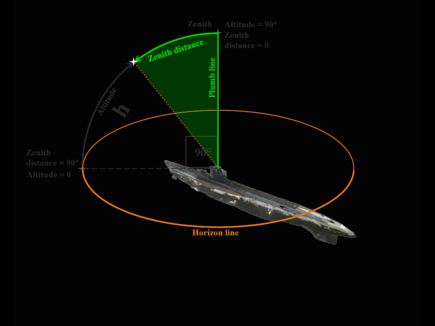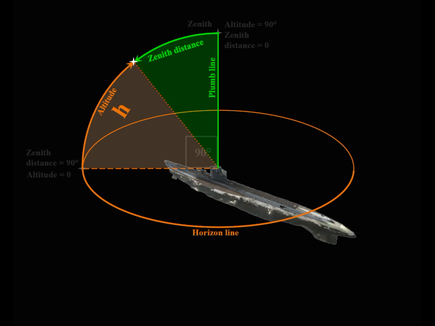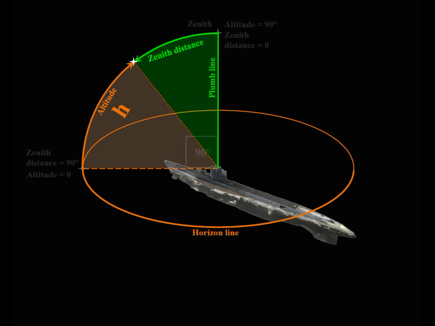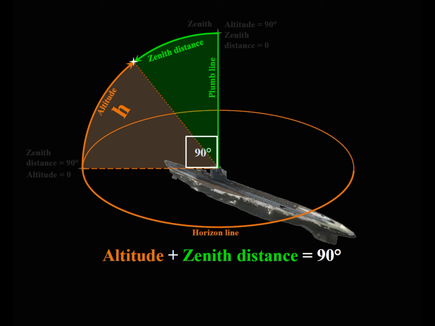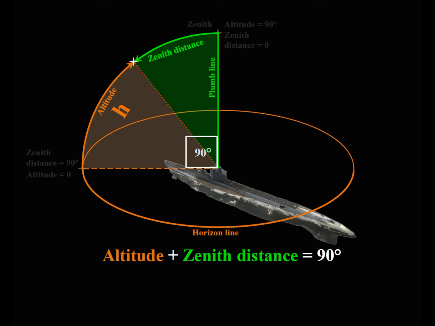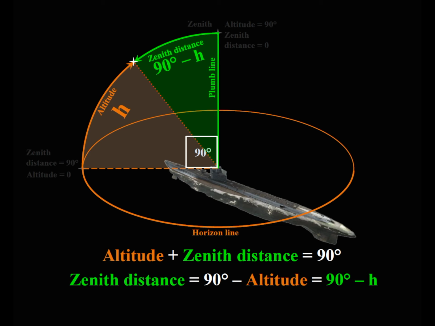Altitude and zenith distance together make up an angle of 90 degrees. Having measured the altitude of a celestial body with the sextant, you can calculate its zenith distance. Along with altitude, zenith distance is a key parameter in celestial navigation. We will refer to it more than once.